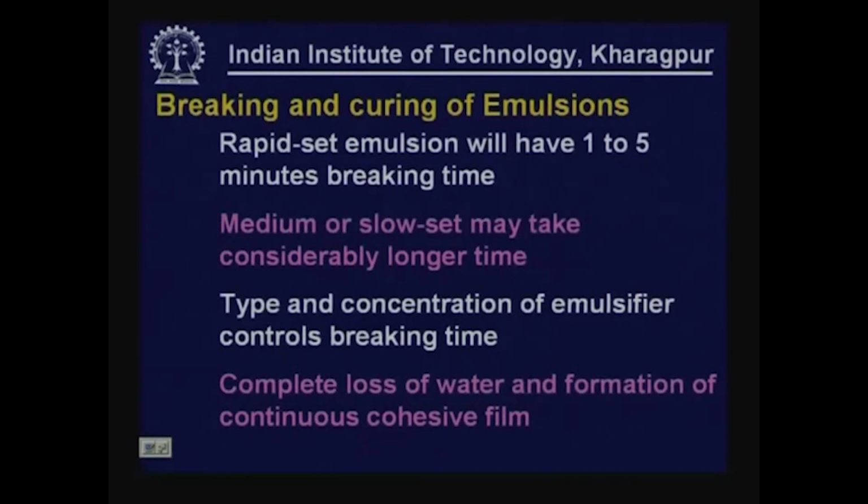We also have to see what the bitumen content is that is available in the emulsion. The type and concentration of emulsifier control the breaking time. Continuous complete loss of water and formation of a continuous cohesive film is what we call breaking.